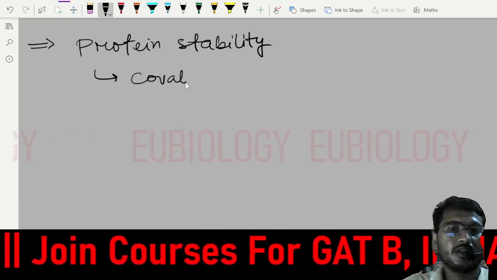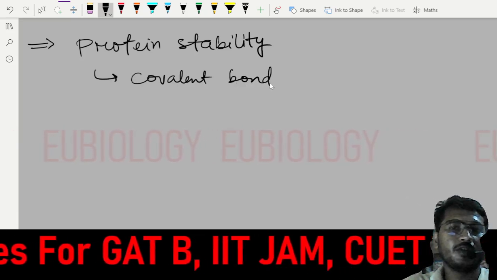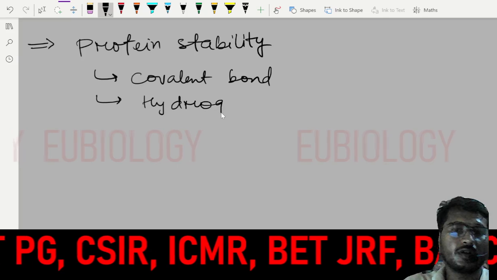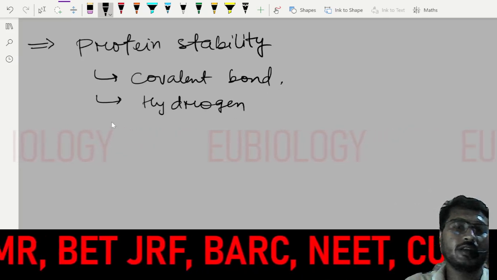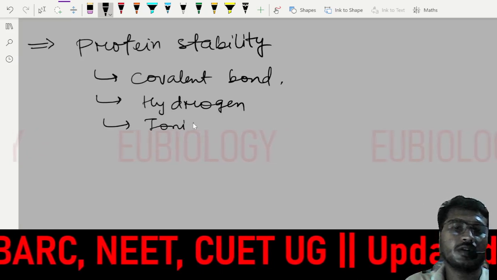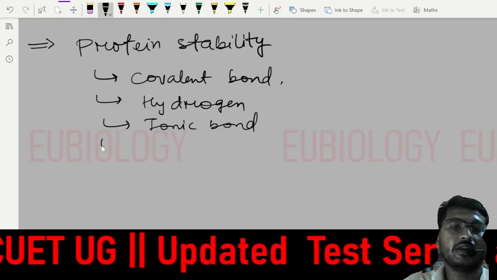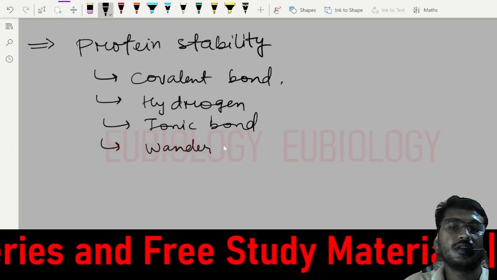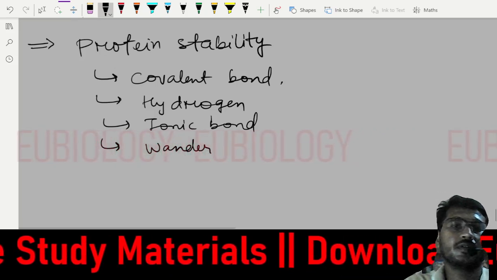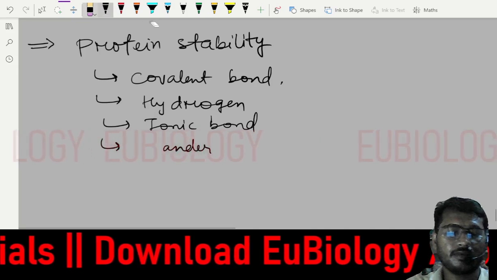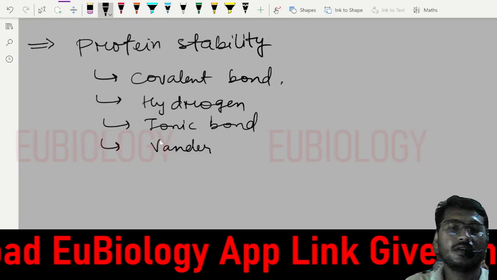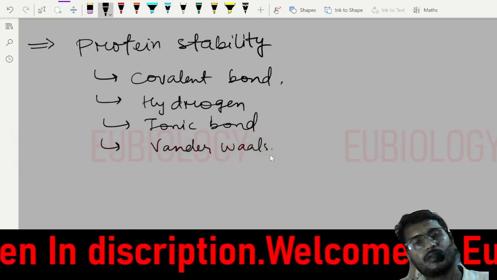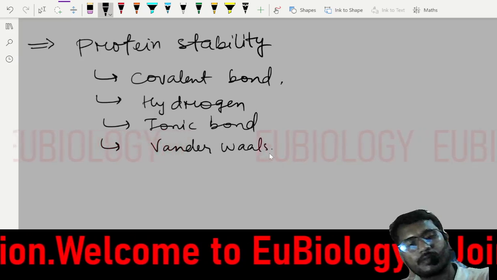It will depend on the covalent bond, or it can depend on the hydrogen bond, or it can depend upon the ionic bond, and van der Waals forces will apply. So this is the important thing.